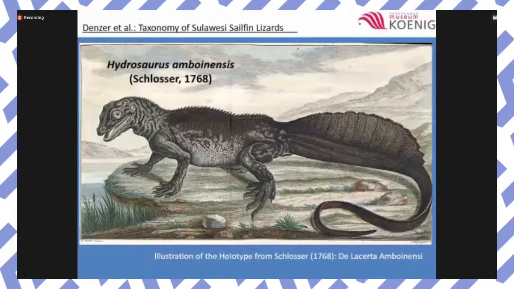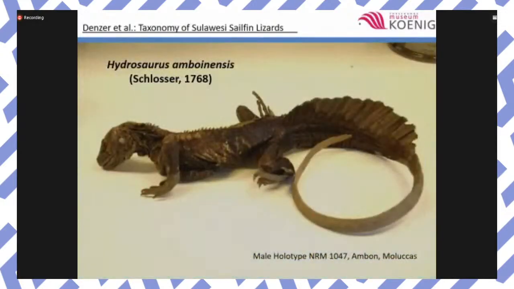And the description by Schlosser in 1768 was accompanied by this illustration. And it's obvious that the color pattern fits very well. The problem is just that the specimen became darker and darker, so the real color pattern faded.